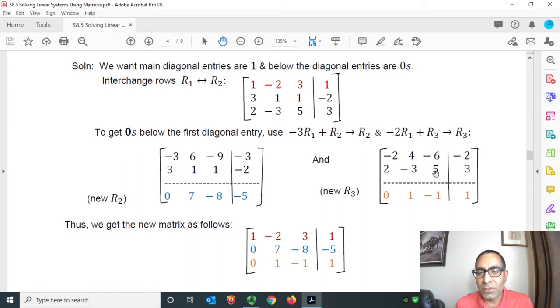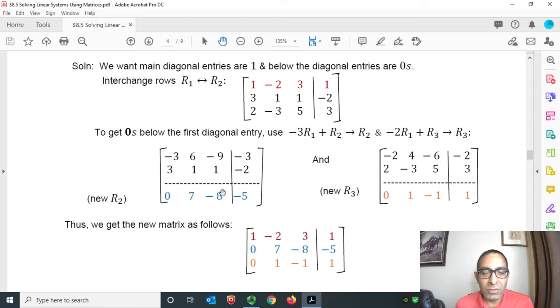We copy row 3: 2, minus 3, 5, 3. We add them. Minus 2 plus 2 cancels. 4 minus 3, 1. Minus 6 plus 5, minus 1. Minus 2 plus 3, 1. So now this is our new row 3.